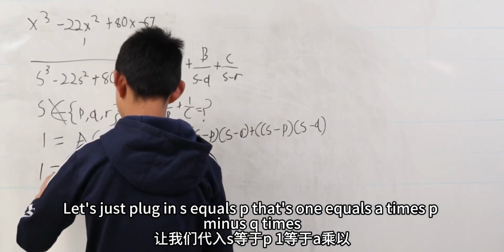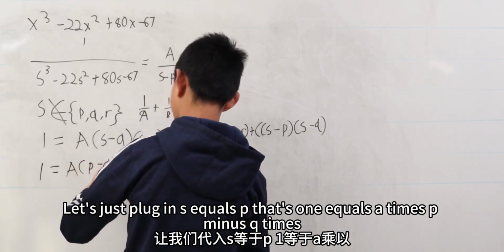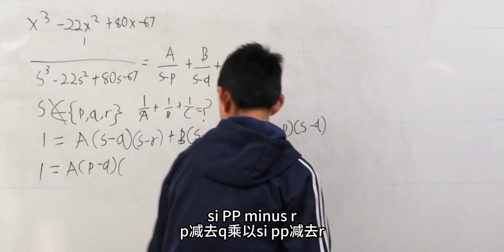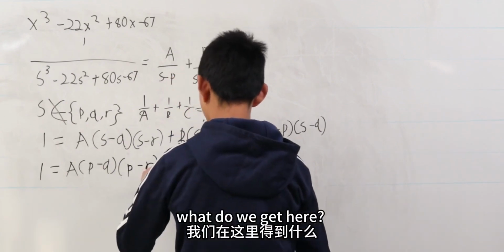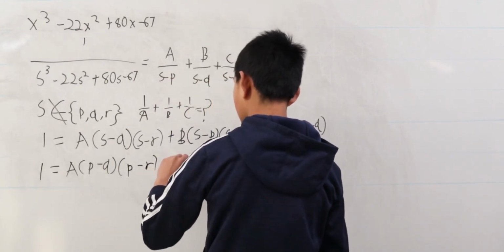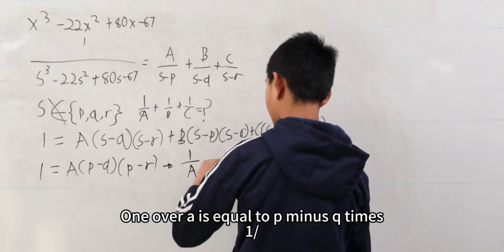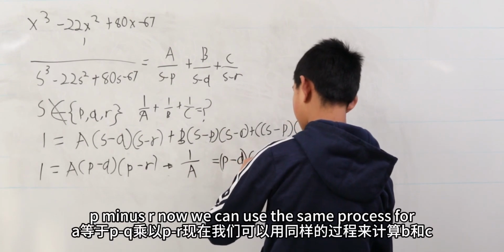That's 1 equals a times p minus q times p minus r. So what do we get here? We get that 1 over a is equal to p minus q times p minus r.